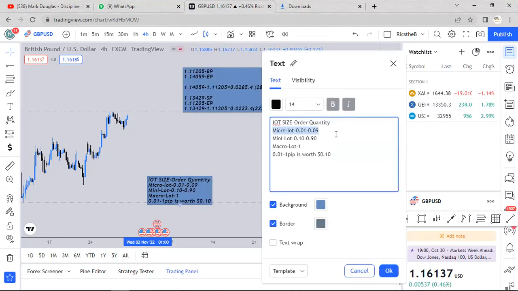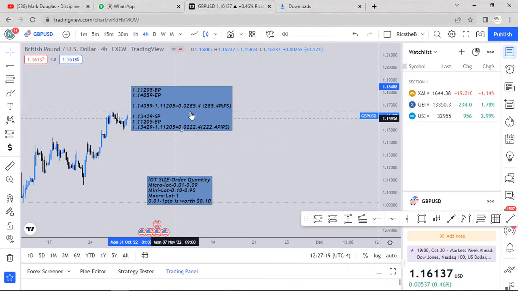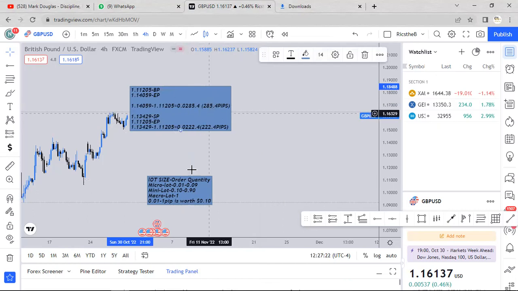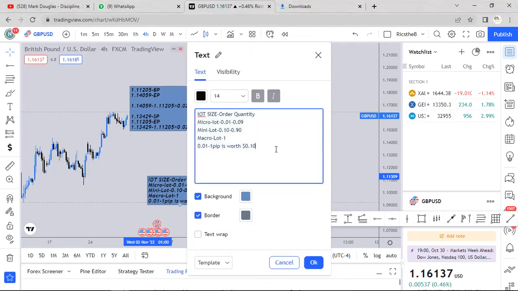If you took a position with a micro lot, which is a 0.01 lot, this simply means, let's say on this movement of 285 pips, 0.10 multiplied by 285.